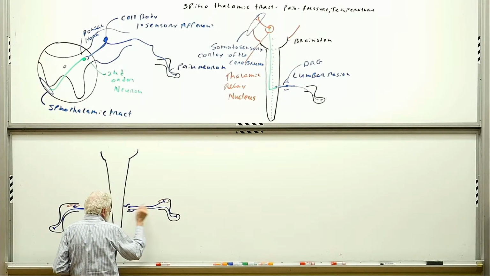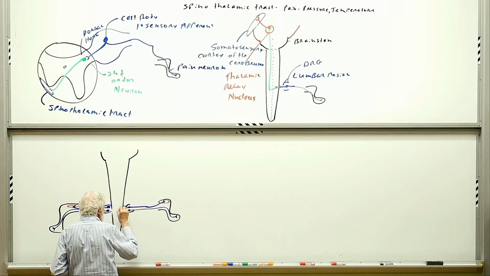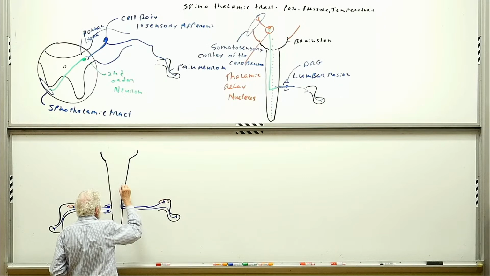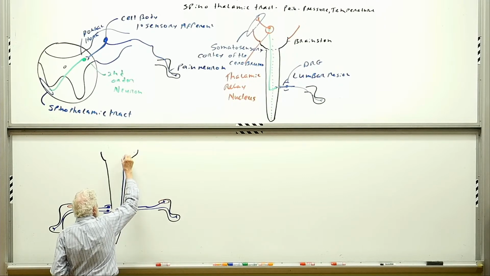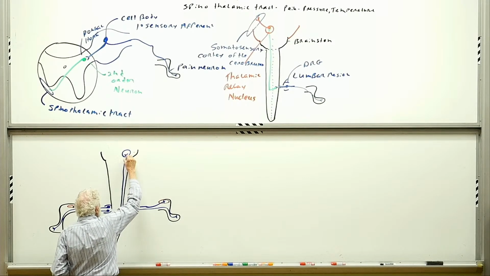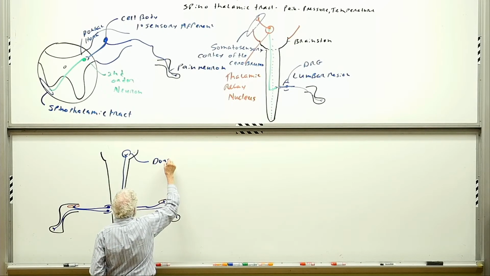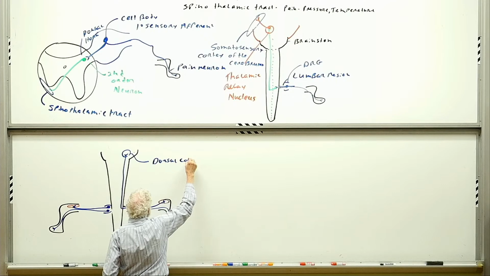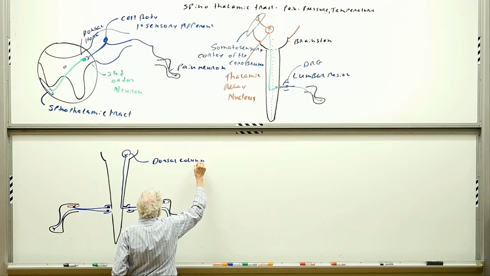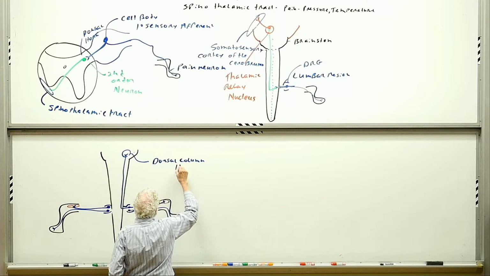This is a primary sensory afferent coming from the muscles carrying proprioception or fine touch. It ascends the cord on the same side, forms synapses up here in the dorsal column nucleus.